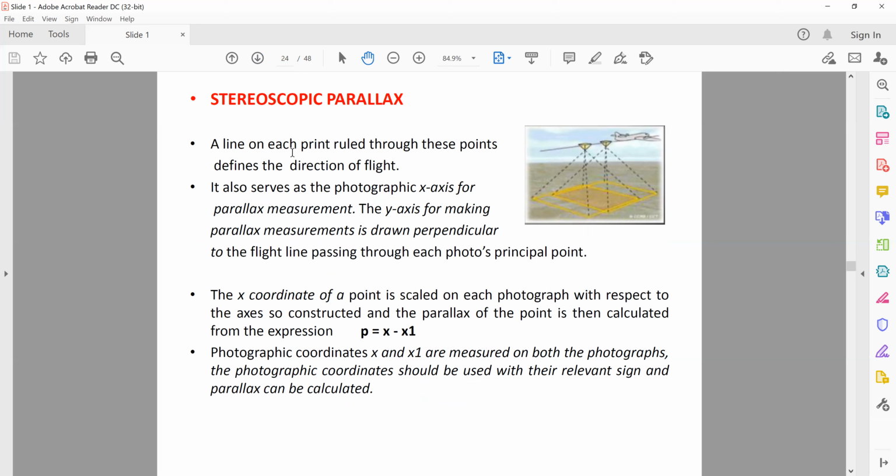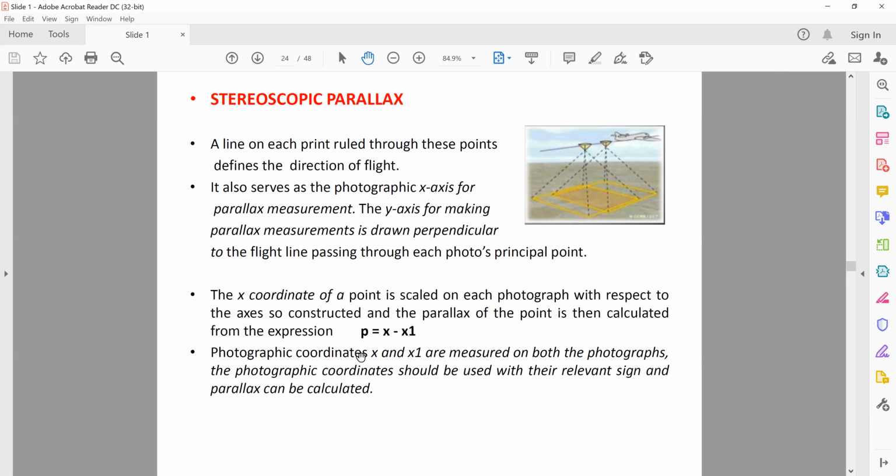A line is then ruled through these two pictures, and it serves as the x-axis. At 90 degrees, you can draw the y-axis, and the origin can be at the center. The x-coordinate of a point is scaled on each photograph with respect to the axis constructed, and the parallax is calculated from the expression x minus x1. That is, the coordinate of the point in the first picture minus the coordinate of the point in the second picture, and the signs have to be according to the origin.